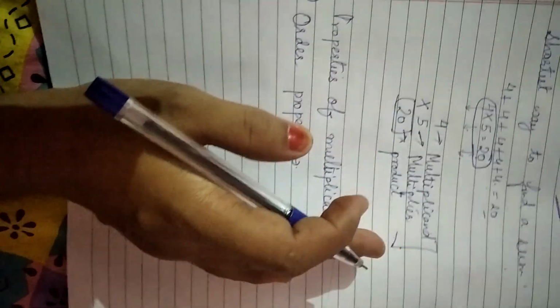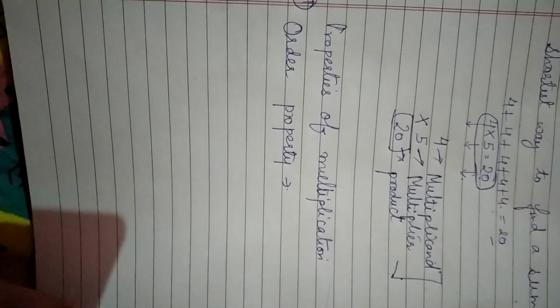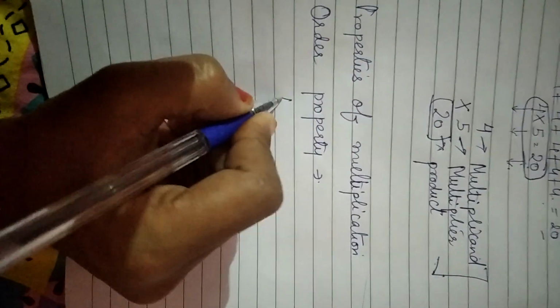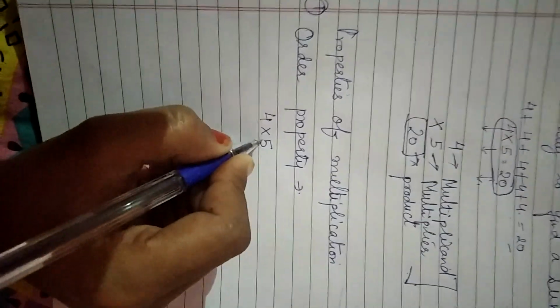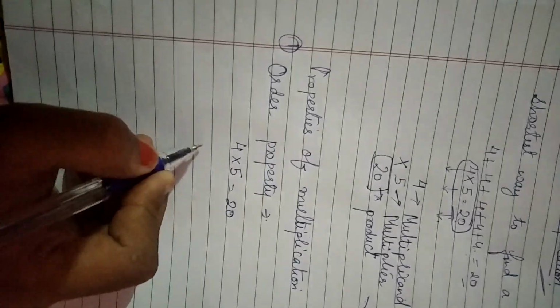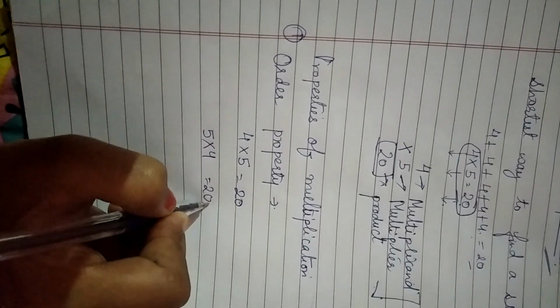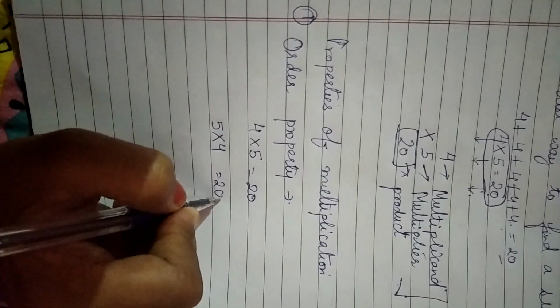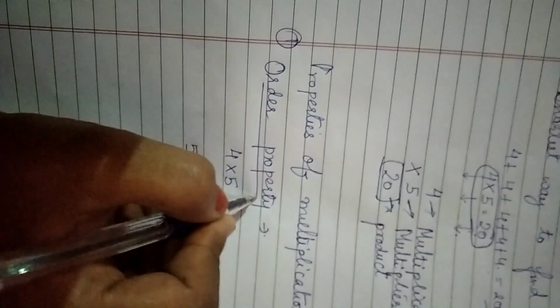If the order of the factors is changed, for example, 4 into 5 gives us 20, and if I change the order, 5 into 4 equals 20. The product does not change. So what does this order property say?